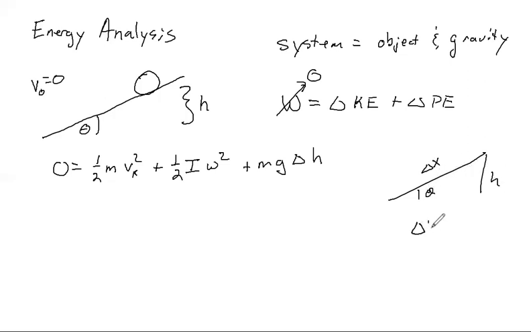Therefore, delta x equals h divided by sine of theta. Okay? Or, turning it around, h equals delta x times sine of theta. This is the better way. There we go.